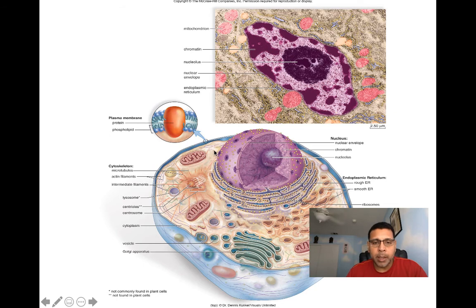The cytoplasm is all the area inside the plasma membrane that contains these structures. When we zoom in on that plasma membrane, you saw the proteins in it before also.